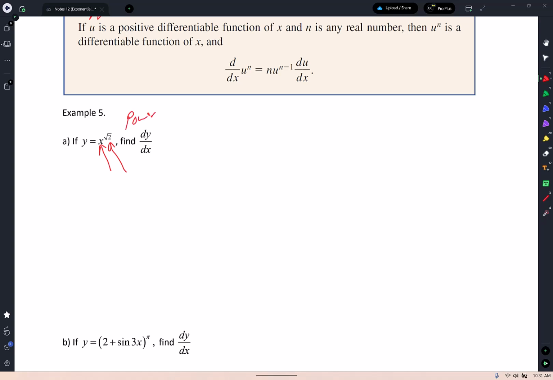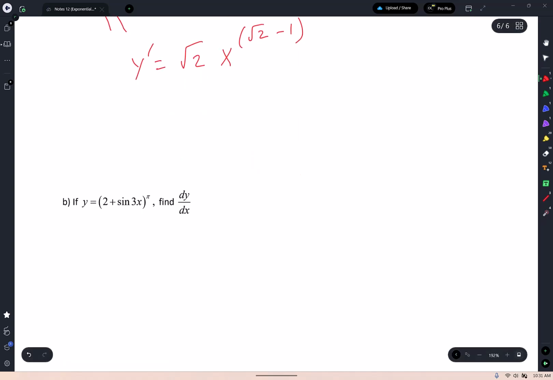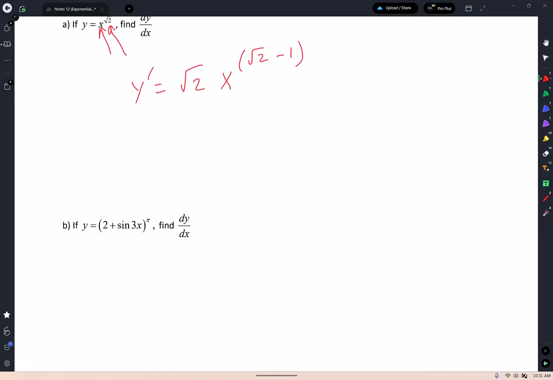Use power rule. y prime equals, bring the square root of 2 down, x, subtract 1 from the power. Parentheses, square root of 2 minus 1, close parentheses, so no one gets confused. Leave it alone. That's a perfect derivative. Cool or not cool? Cool. Let's go to letter B. And then after this, we will just give you guys practice.